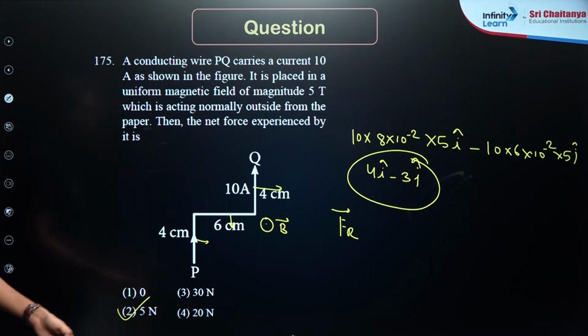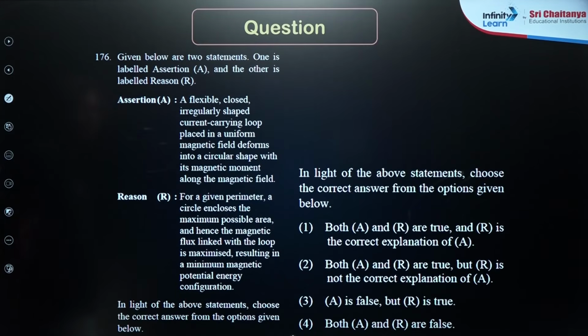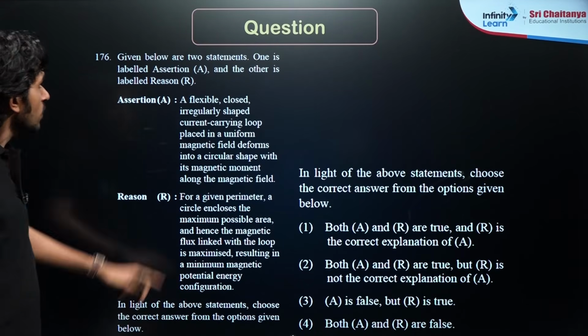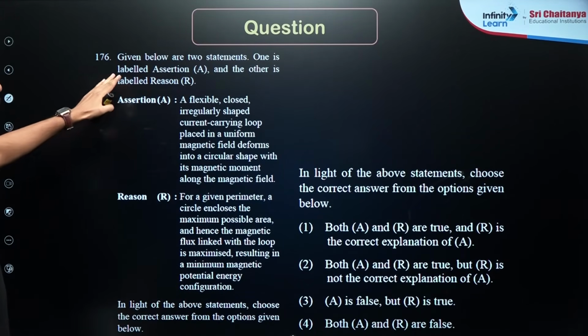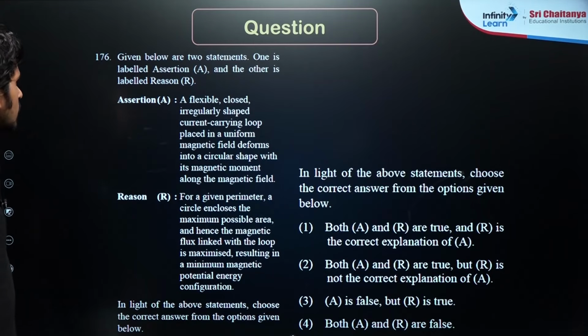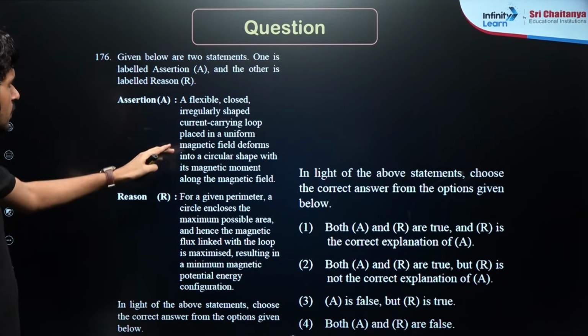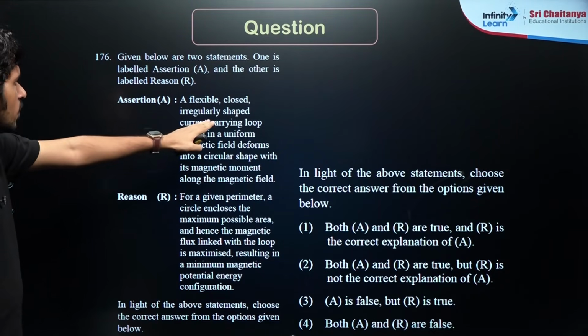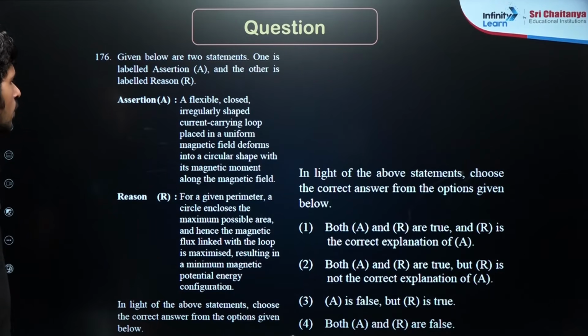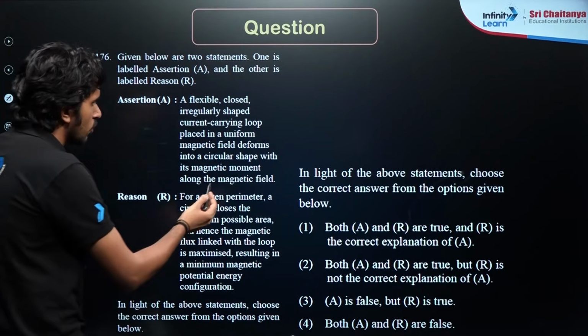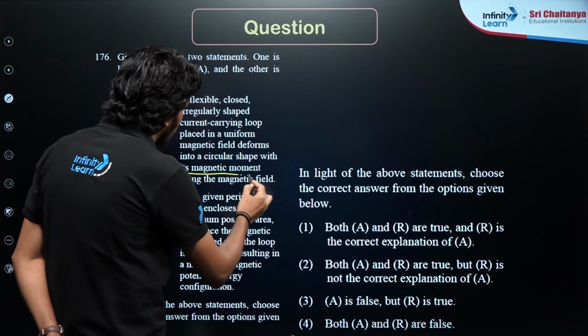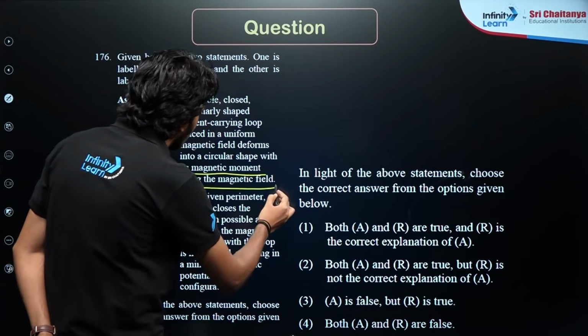Option number 2. Okay. Then we have, given below are two statements. One is labeled as assertion and the other is labeled as reason. A flexible, closed, irregularly shaped current carrying loop placed in a uniform magnetic field deforms into a circular shape with its magnetic moment along the magnetic field.